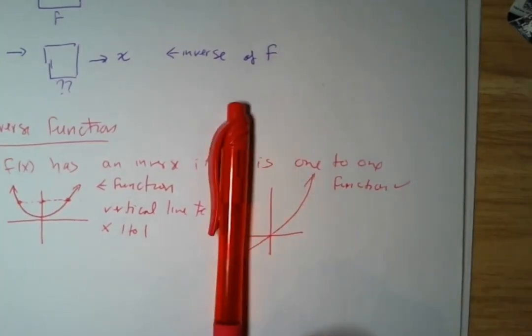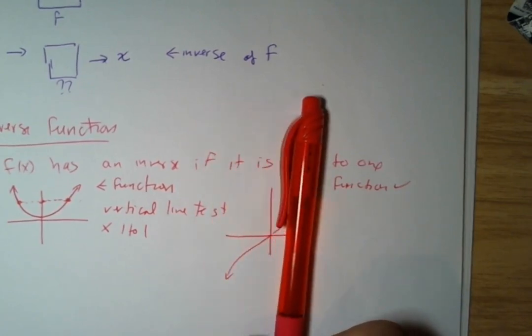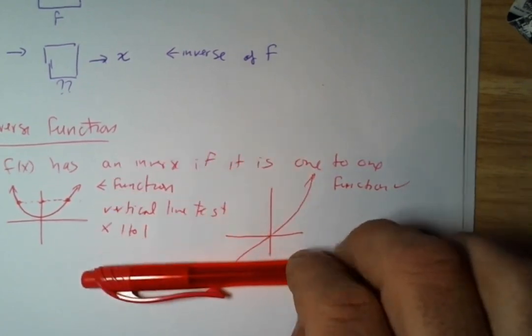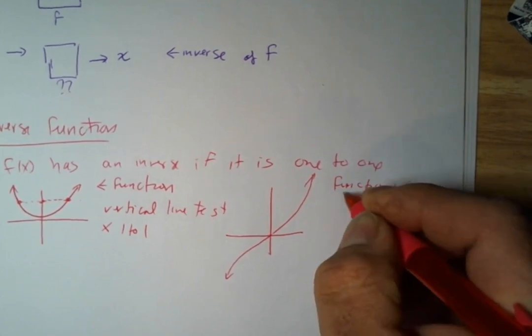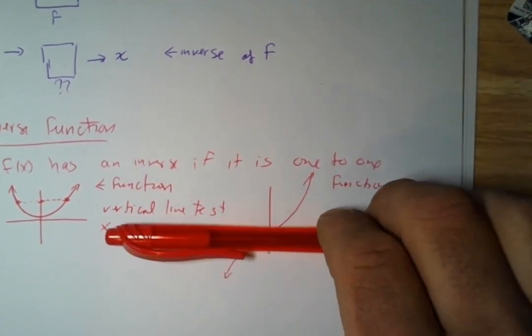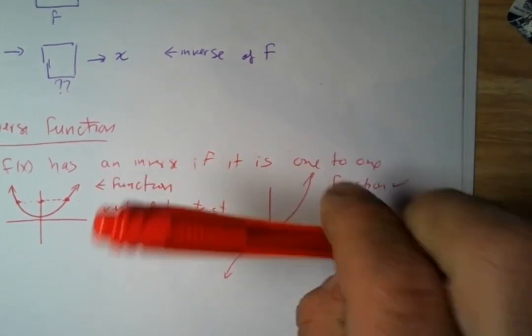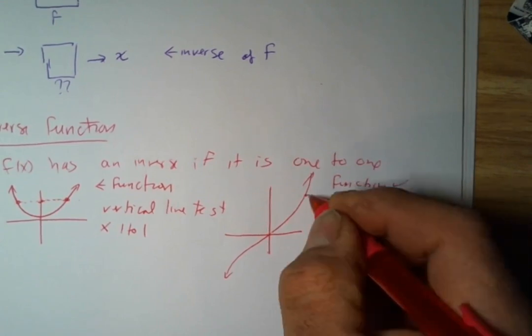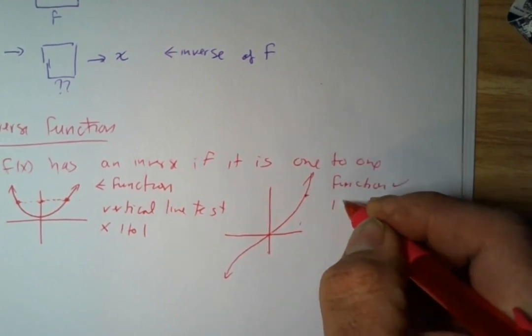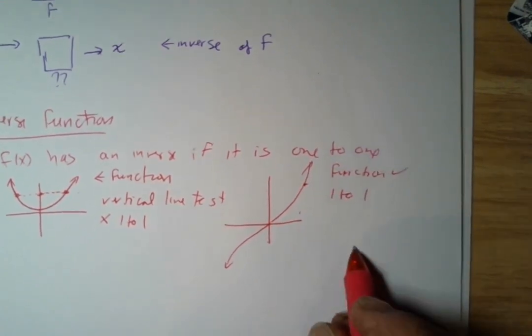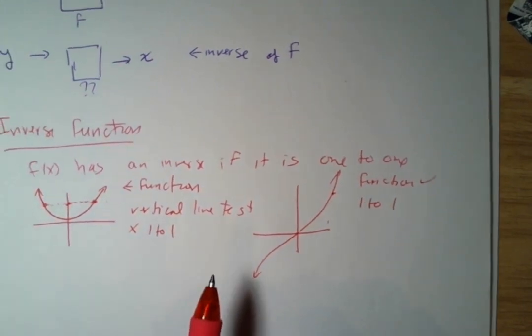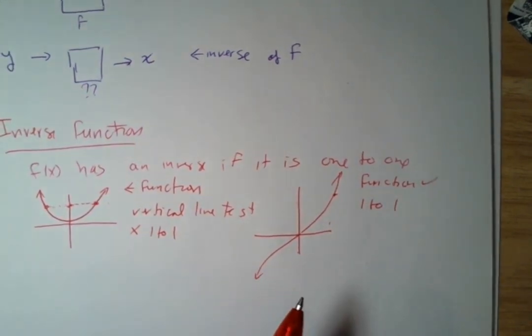It is in fact a function, which it must be first. And it is also 1 to 1. You see here, each horizontal line corresponds to exactly one input. So those conditions need to be met for having an inverse.